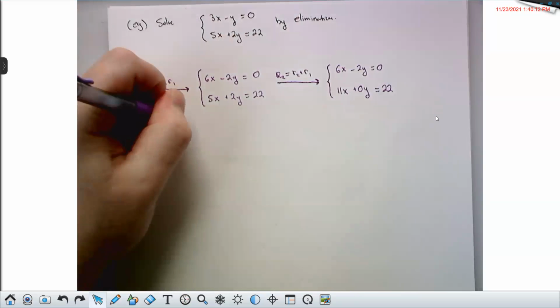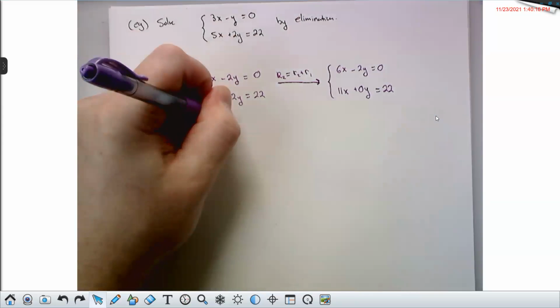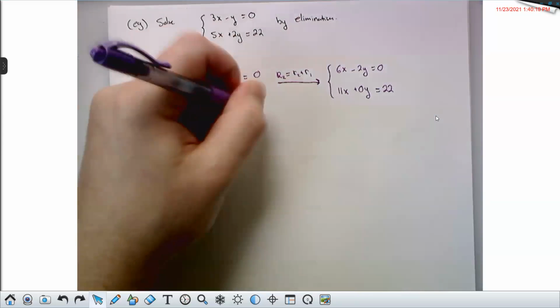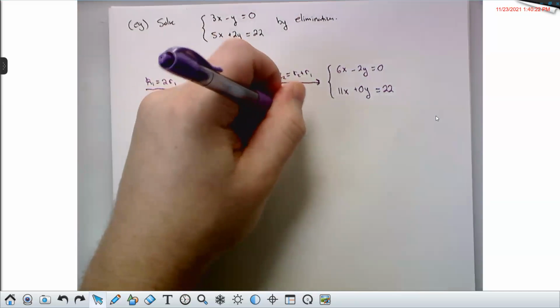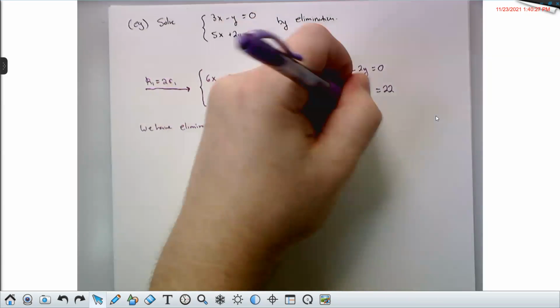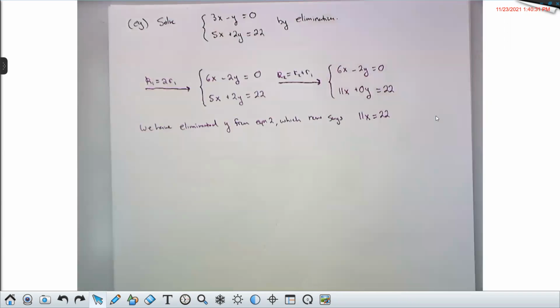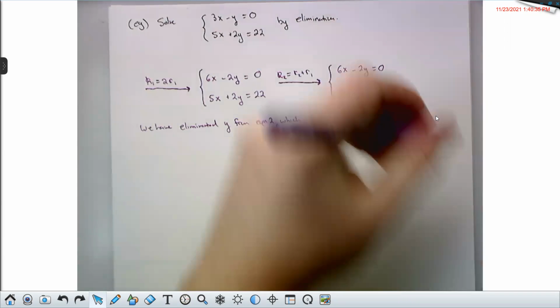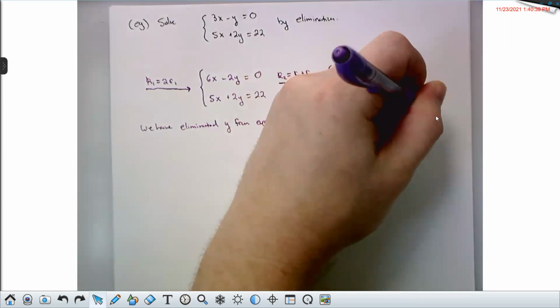We have eliminated y from equation 2, which now reads 11x equals 22. And if I divide both sides there by 11, I get x equals 2.